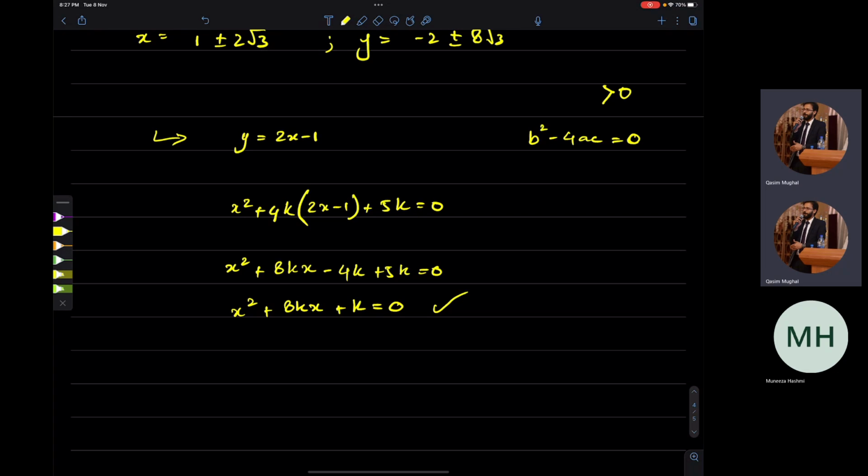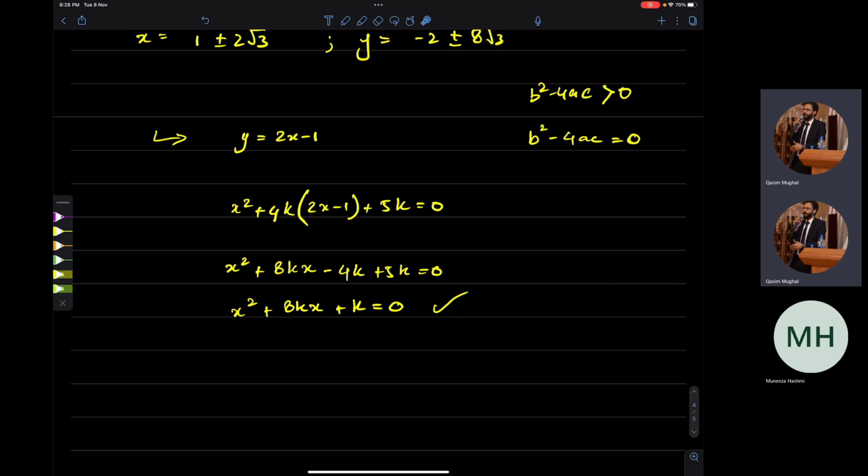If you remember the discriminant part, if it's greater than 0, then we have distinct roots. We have two roots, but they are distinct. When the discriminant b squared minus 4ac is exactly equals to 0, then it has two repeated roots. Okay, so that's what is given, that it has equal roots.